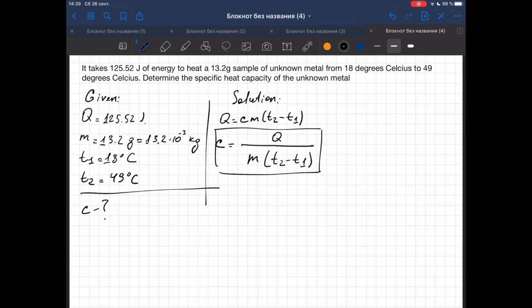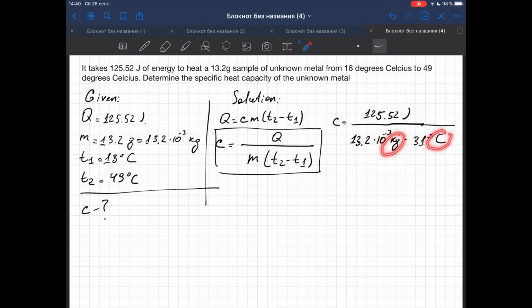And with the mathematical calculations, it will be 125.52 joules divided by mass 13.2 multiply 10 to the minus 3 kilograms and multiply second temperature 49 minus first temperature 18, so it will be 31 degrees Celsius. So the answer will be in joule divided by kilogram degree Celsius.